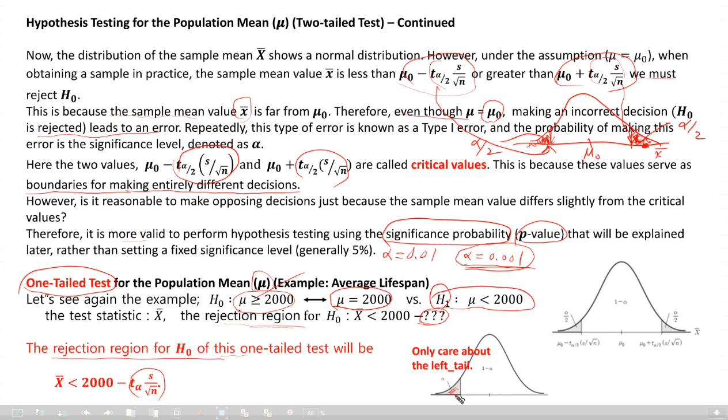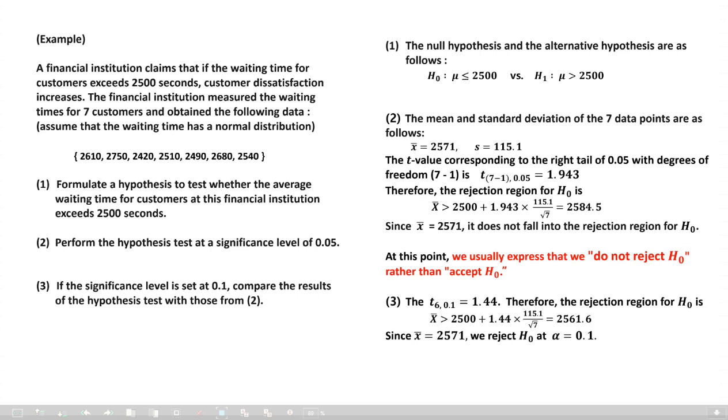So the alpha significance level is put down at the left side, the left tail. You don't have to think about both tails, just one tail here. That's why we call this kind of hypothesis a one tail hypothesis.